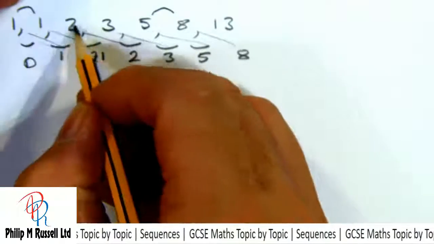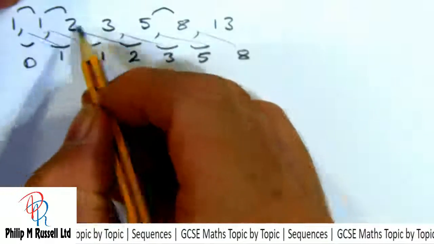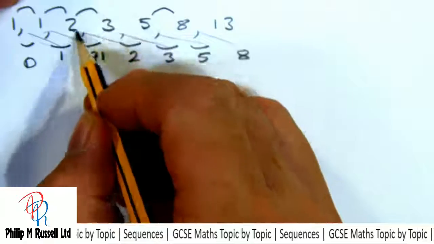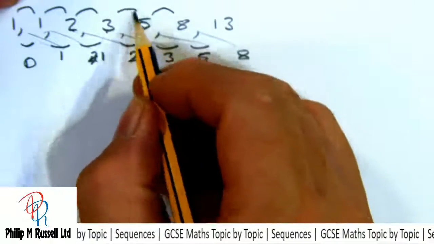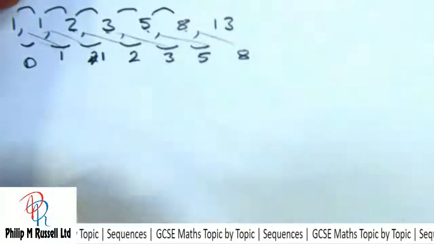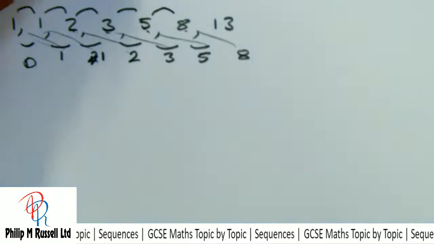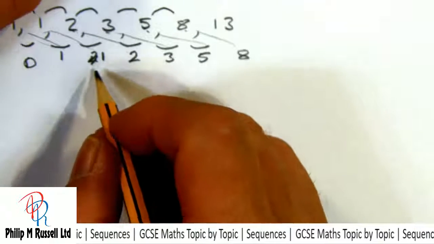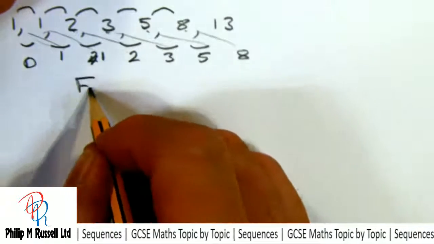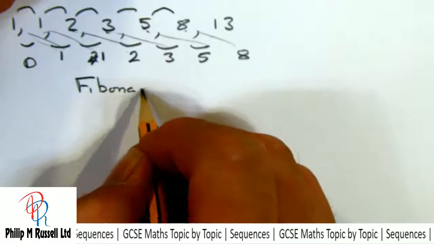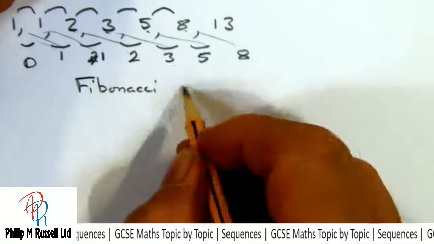So 1 and 1 make 2, 1 and 2 make 3, 2 and 3 make 5, 3 and 5 make 8, and so on. This is a special sequence called a Fibonacci sequence.